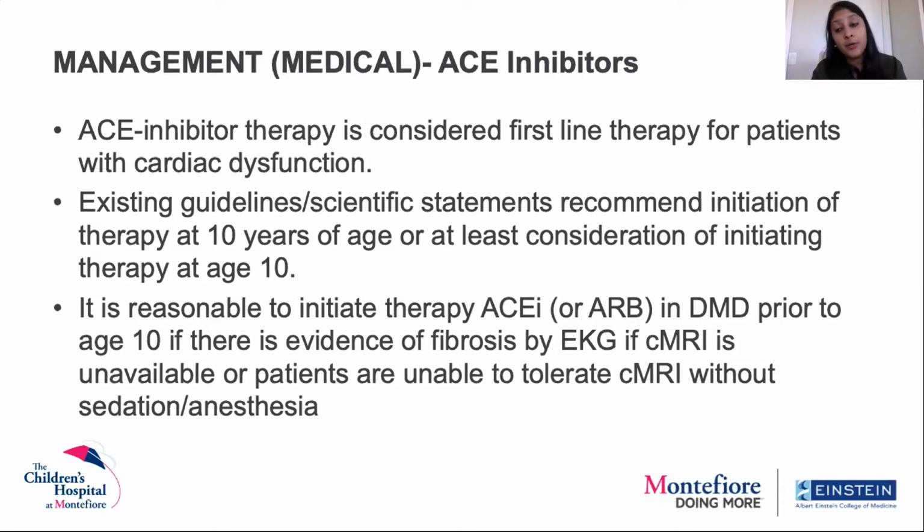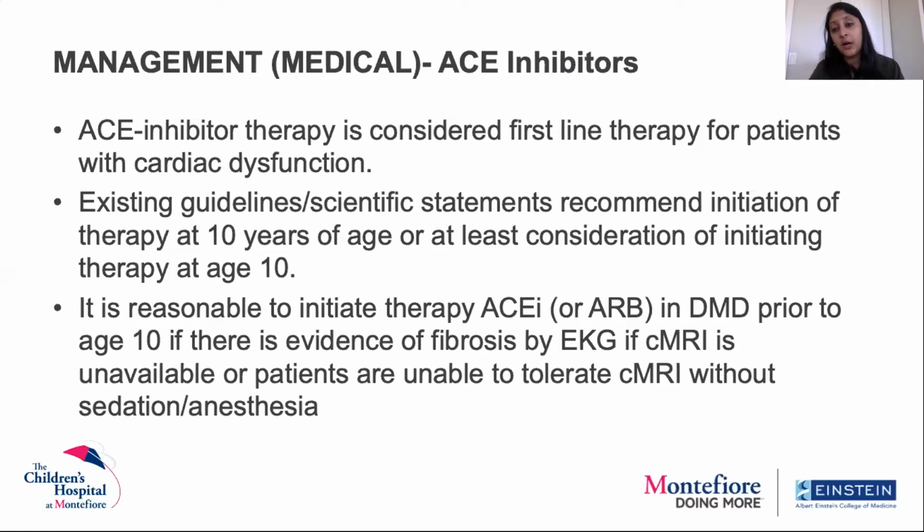So ACE inhibitors do exactly that. They work by decreasing your blood pressure, and they remain as the first line of therapy. There are a lot of clinical care guidelines or statements that exist that say that we should start all patients with Duchenne muscular dystrophy or Becker's muscular dystrophy who have reached the age of 10 years.